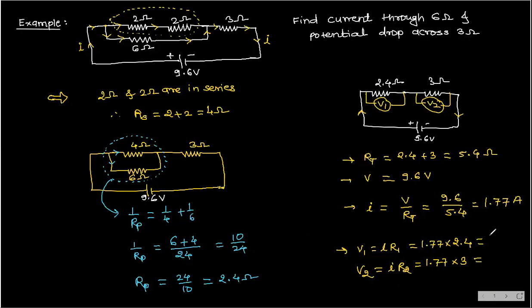Tell me now how much this is. 1.77 into 2.4, how much? 4.248. So 4.24 we will write, this is in volt. And this one is how much? 5.31. Okay, 5.31.